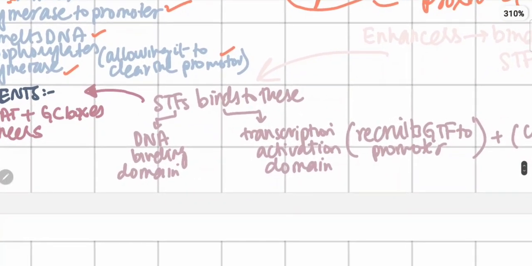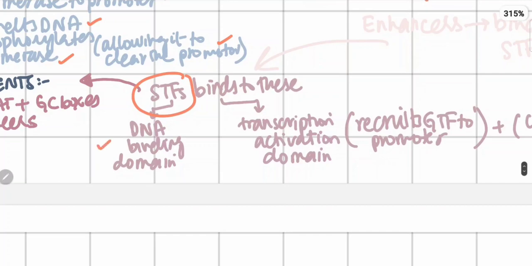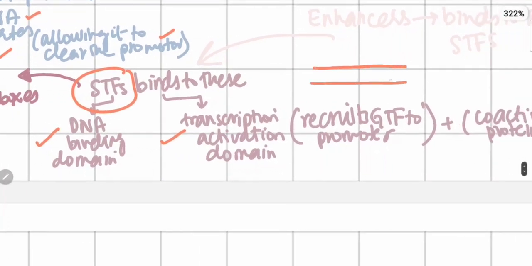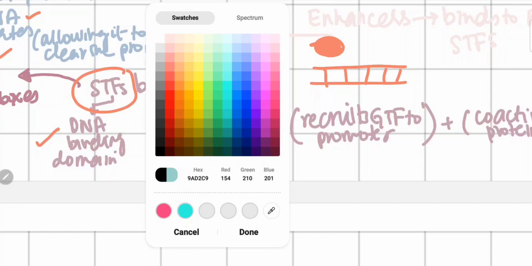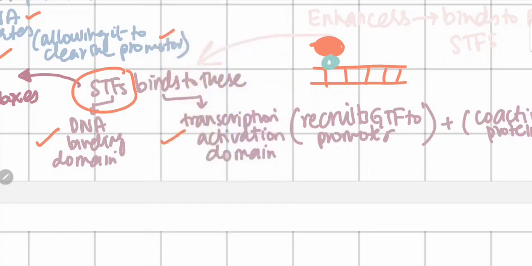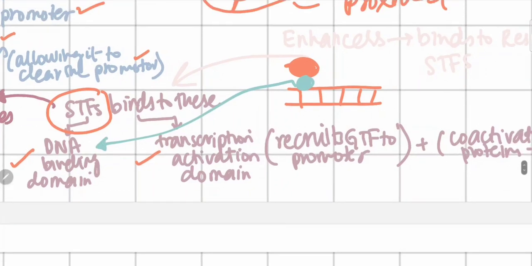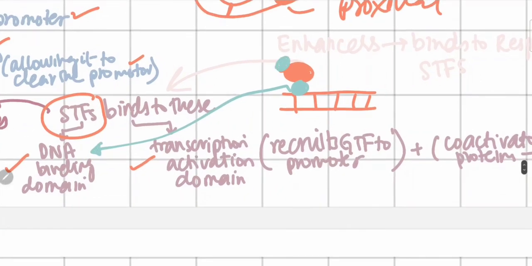Now here are the special transcription factors. The special transcription factors have two domains. One is the DNA binding domain and the other is the transcription activation domain. So if this is the DNA and this is the special transcription factor, it will have a DNA binding domain, and a transcription activation domain that is going to be above it, right?